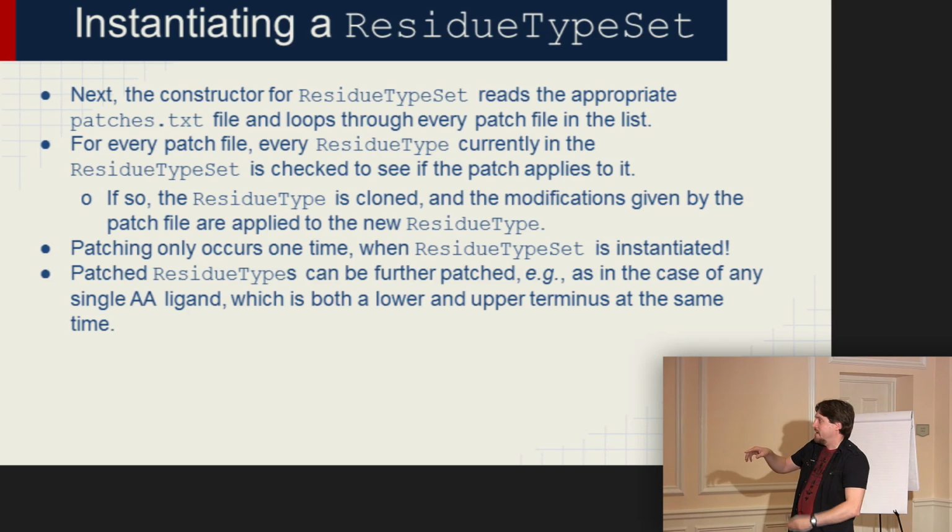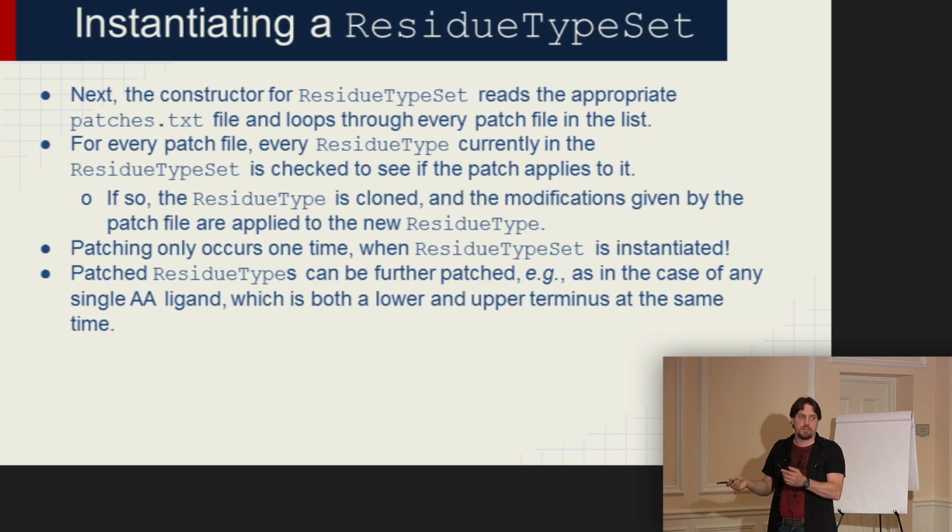Well, now alanine, lower terminus, is hanging out in the residue type set, and then it gets thrown in, and the patch file that applies to that for upper terminus can also be applied. So you can have an alanine lower and upper at the same time. This occurs if you had a PDB that just had an alanine all by itself, or if you were loading alanine in as a ligand, it would be alanine, lower terminus, upper terminus. So you can have multiple patches. It gets really crazy.